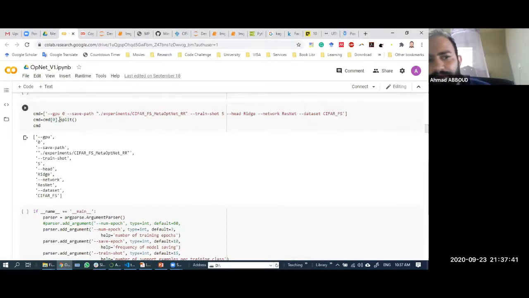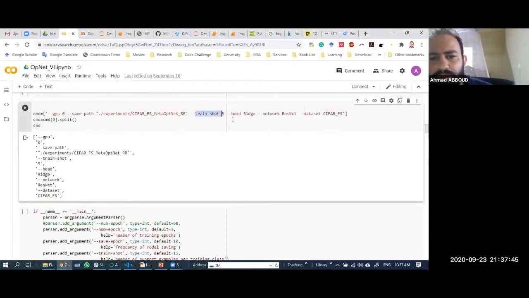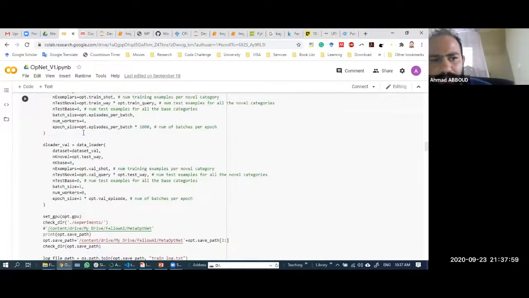Let's go to the result after applying this on the dataset. I ran the command, which trains for 5 shots with a ridge regression head, RR head, on a ResNet network, on the dataset called CIFAR-FS. It's very easy to use the command line.